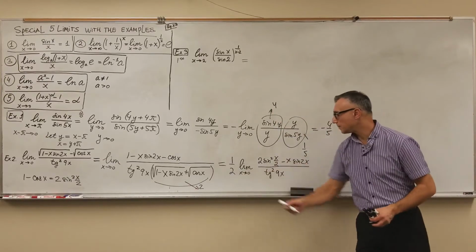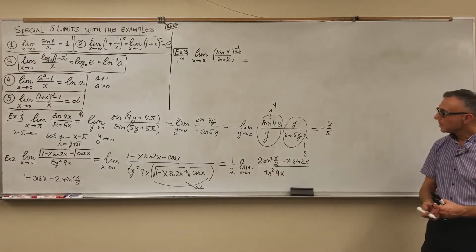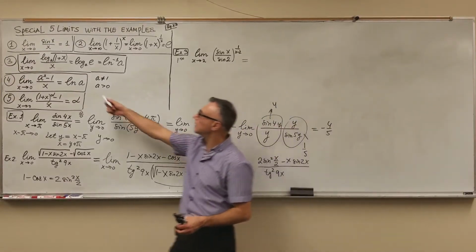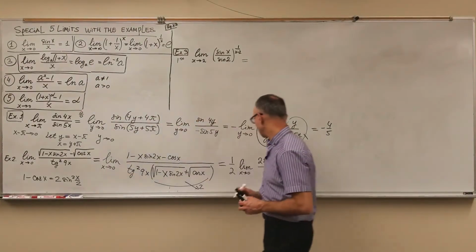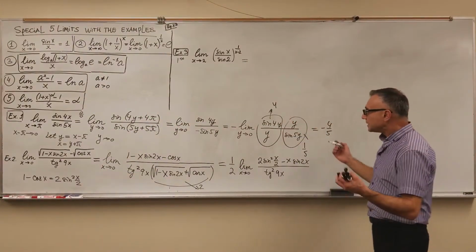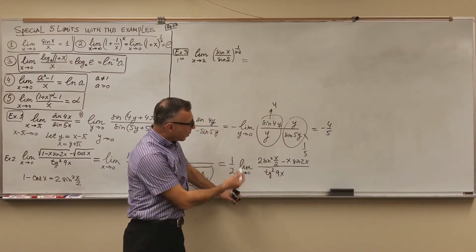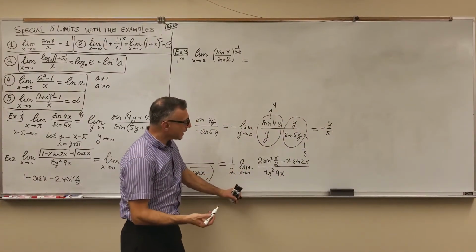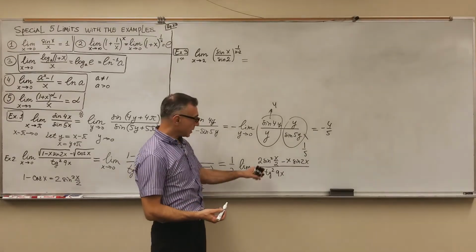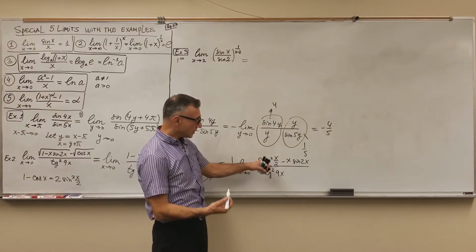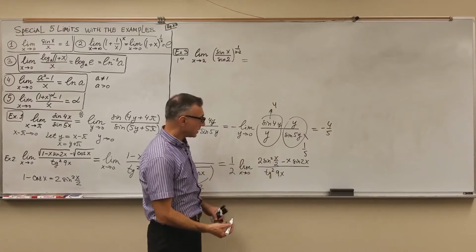Now this 2 is up front. So I'm trying to reduce it to my special limit number 1. What if I divide both numerator and the denominator by x squared? Because sine is squared here, so I need my argument squared.